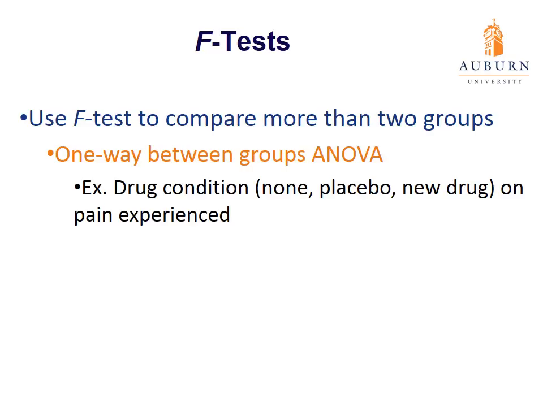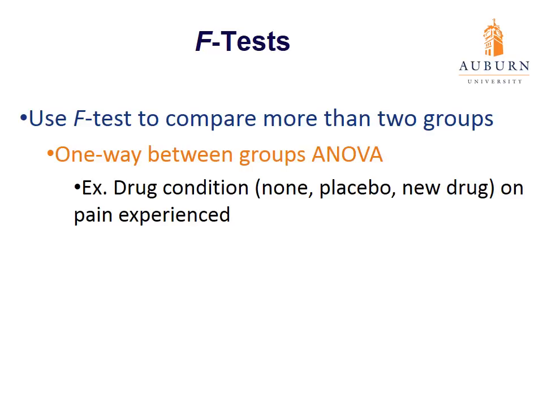We may have three different conditions, such as one condition with participants with no drug, another condition where participants receive a placebo, and then a third condition where participants get the actual new drug. Here we have three different levels, but only one independent variable, and that's the drug type. The between groups part of it tells us that each participant in our study is in one and only one of our groups.